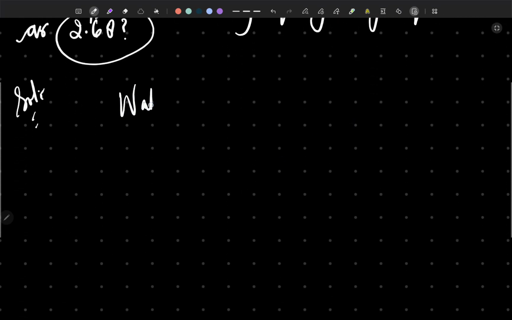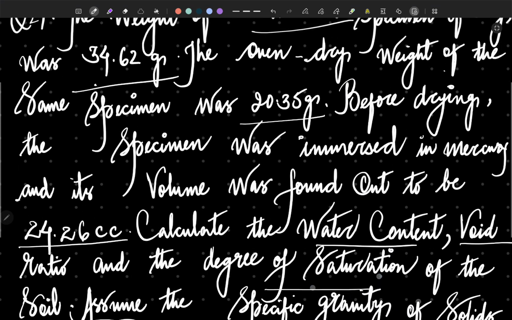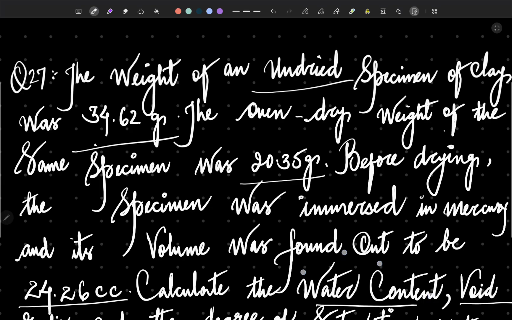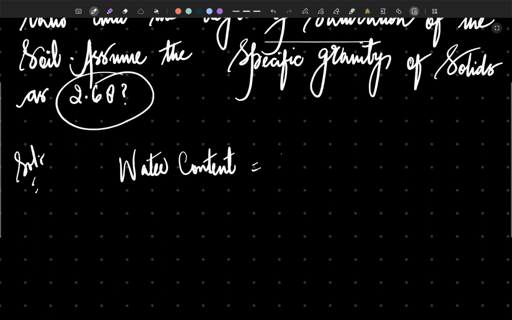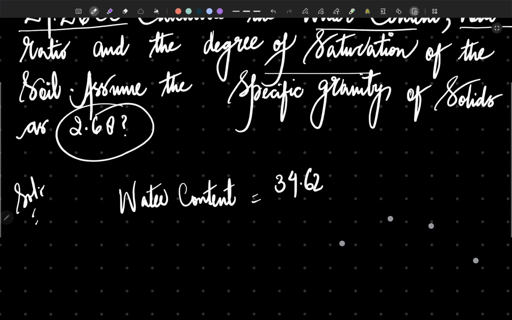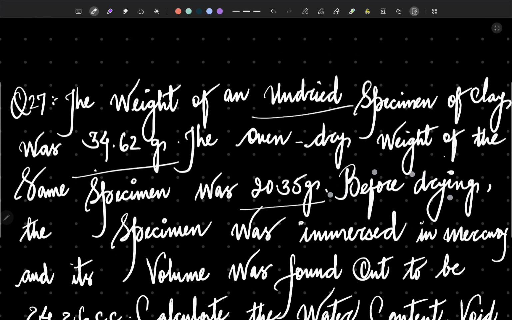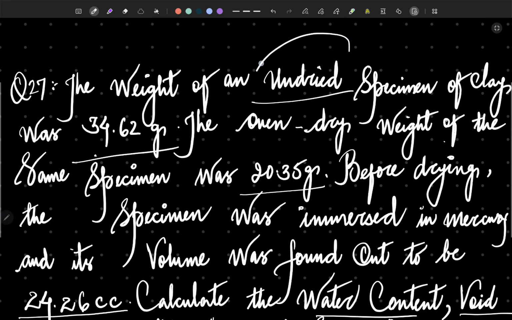Water content is the initial weight, the weight in the bulk or moist or wet condition, which is 34.62 grams. This 34.62 is the initial weight of an undried specimen of clay.